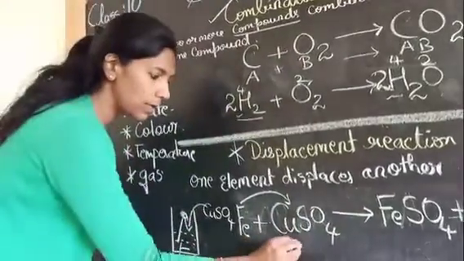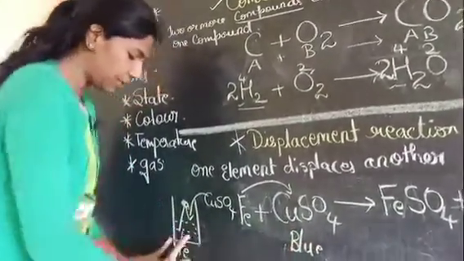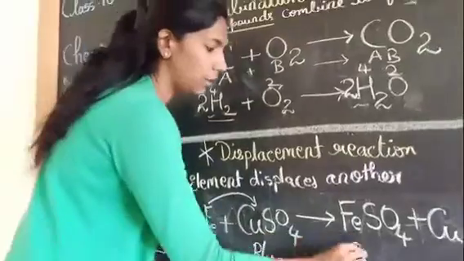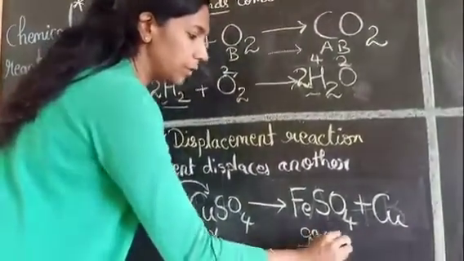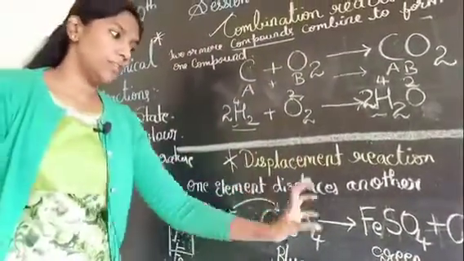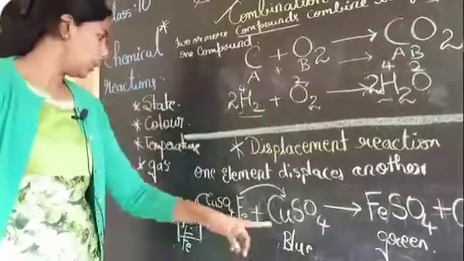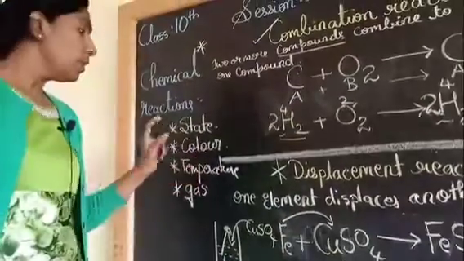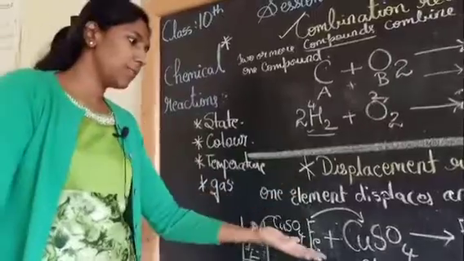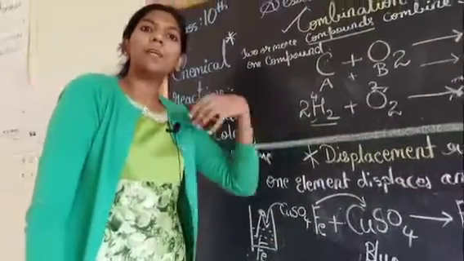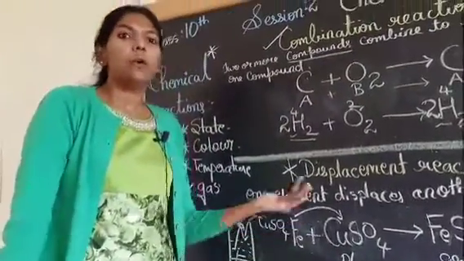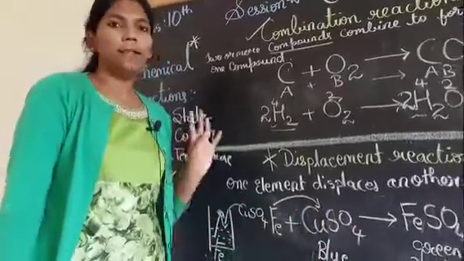And this blue solution, which I have kept undisturbed, is going to turn green. You are going to find the color change in the solution. So you can write the example here. When the color changes, you can write this type of reaction, because a chemical reaction is occurring along with the change in color.